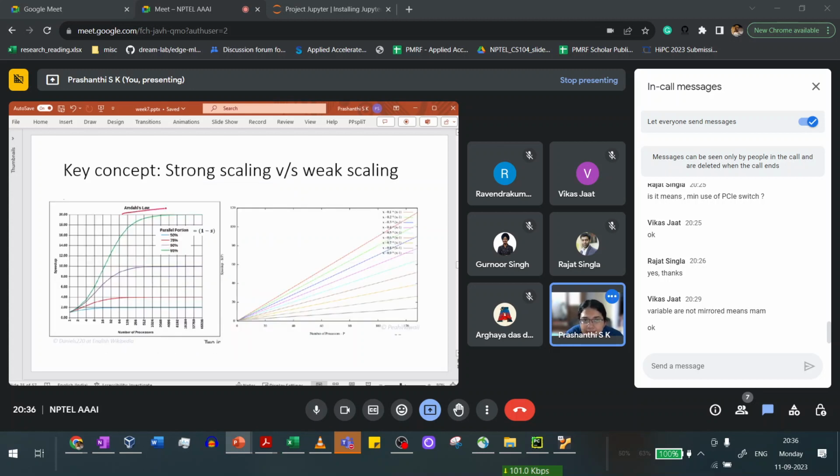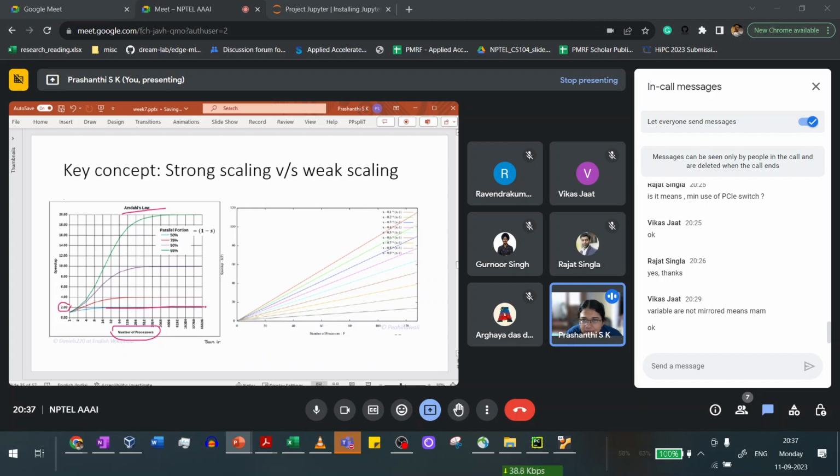So this is a graph that shows you Amdahl's law or strong scaling, right? You can see that this, for instance, is where 50% is parallelizable. So no matter how much you speed up your parallel portion, or no matter how many processors you add, even if I add 1000 or 10,000 processors, you see that the speedup is limited to 2, right?